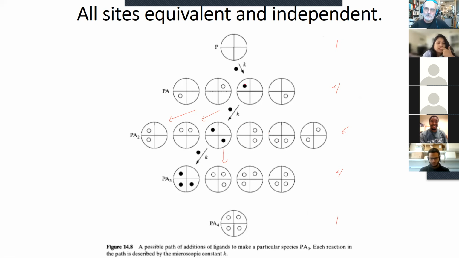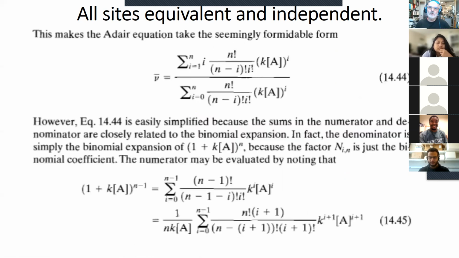But because the pathway is complicated, all it means is that the first ligand binding is K, but there are 4 ways of doing it. So you have to multiply by this factor of 4 to account for the 4 different species that exist in solution. Or there are 6 different forms here or 4 different forms here. And so in terms of the equation, we have to add this particular term.